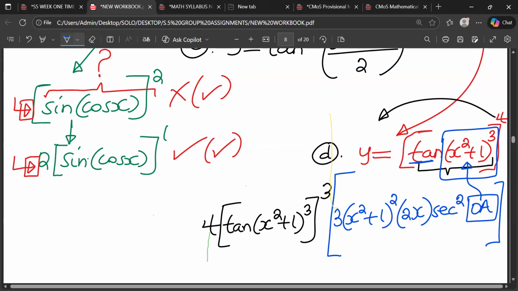Drop the power 4, bring back whatever is inside with the reduced power 3. Now differentiate what is inside. What is inside is tan with that angle.